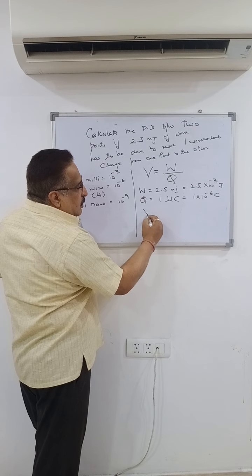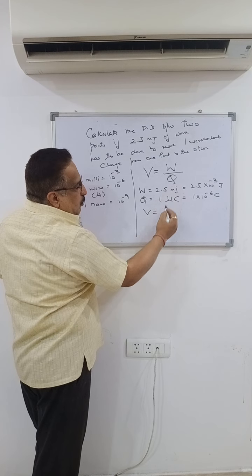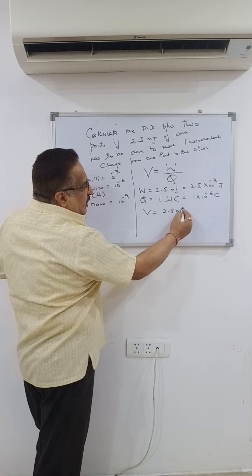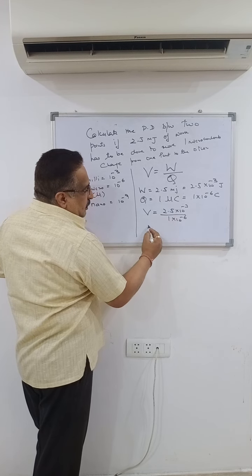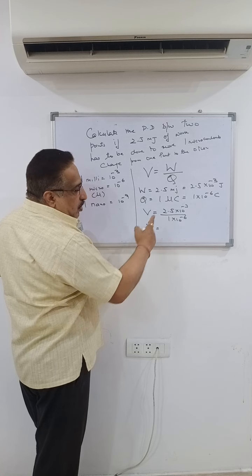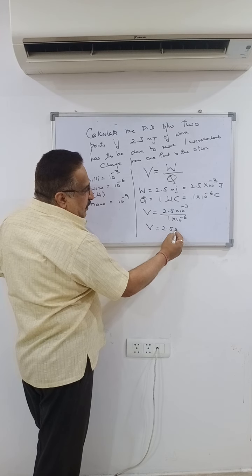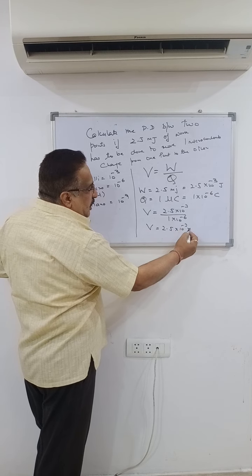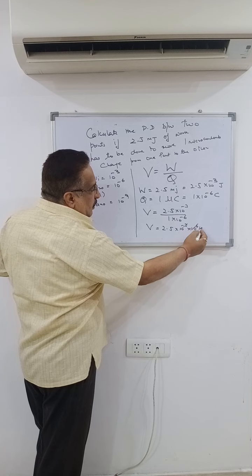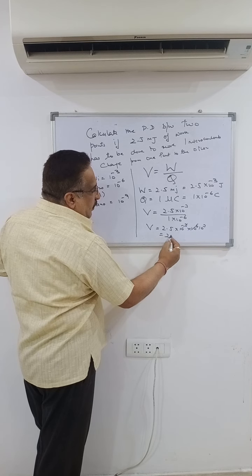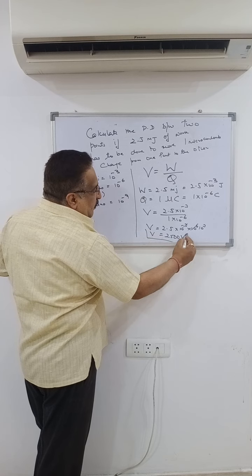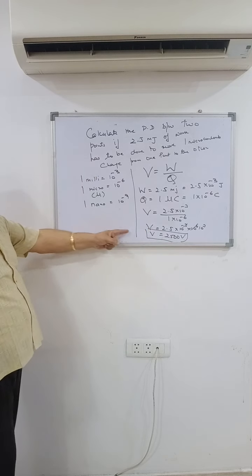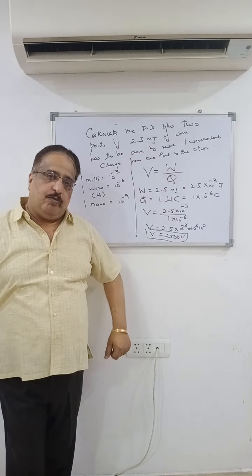Put in the values. The V is equal to W upon Q, 2.5 into 10 raised to power minus 3 upon 1 into 10 raised to power minus 6. What does it come out to be? 2.5 into 10 raised to power minus 3 into 10 raised to power 6 is equal to 2500 volts. 2500 volts is the potential difference between 2 points.